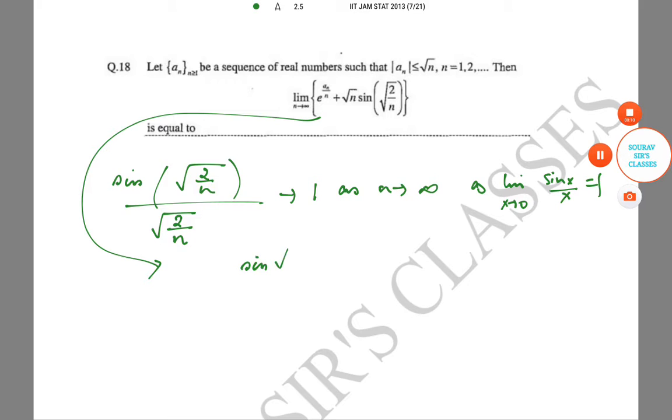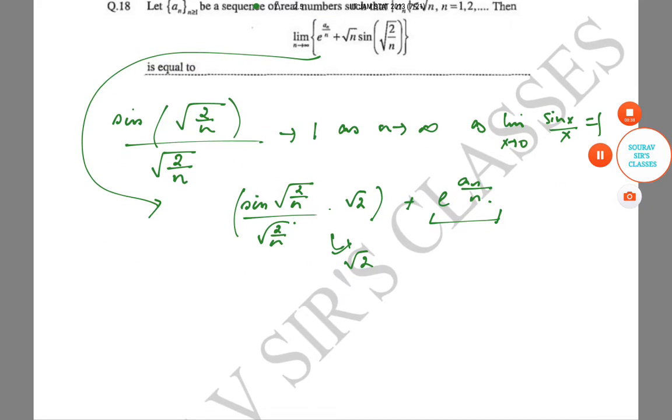So this thing here is equal to sine root over 2 by n by root over 2 by n times root 2 plus e to the power an by n, and we already know the first part goes to root 2 as n goes to infinity. So what we are left with is this.